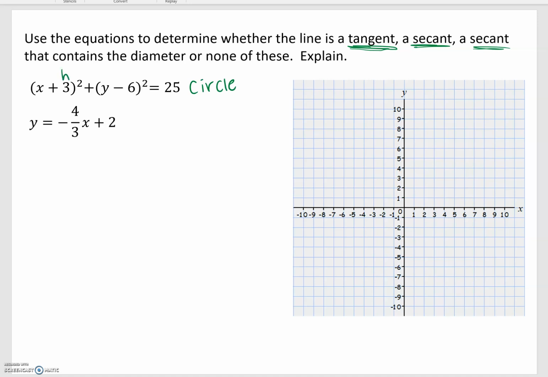Okay, notice that we have again our h, k, and this, remember, is r squared. So when we write it, our center should be -3, 6 and our radius is 5. So the first thing I'm going to do is graph that. So negative 3, 6, and a radius of 5. So go 5 in every direction.